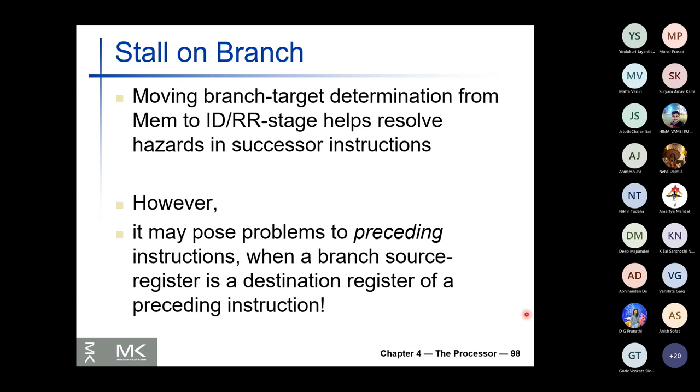Therefore, it may pose problems to preceding instructions, when a branch source register is a destination of a preceding instruction. Okay, let me give you an example.